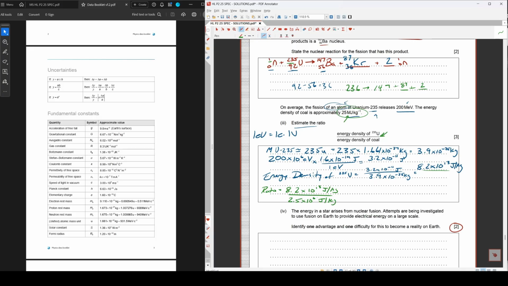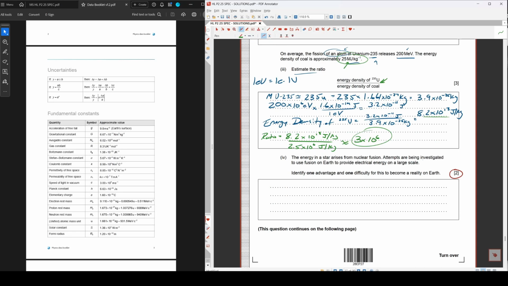It's so much bigger, 10 to the 6th, 10 to the 13th. It ends up being about 3 million, 3 times 10 to the 6. 3 million times more energy dense than coal, uranium is. Okay. All right, let's try to finish this thing off.